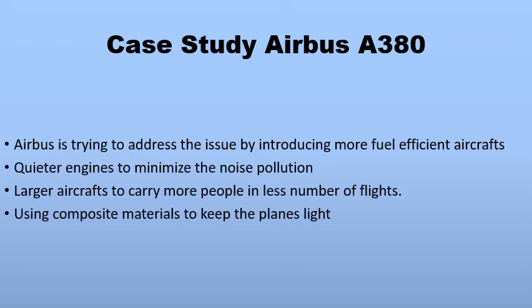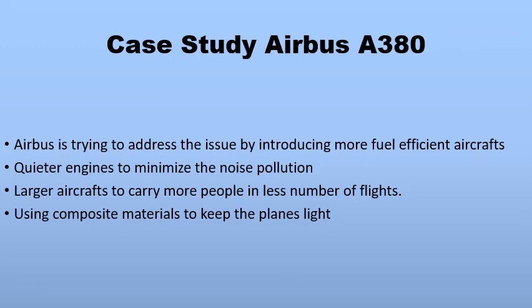So when we compare the engines of today and the past, the output is very different. Airbus is introducing engines that burn less fuel and give more efficiency. They are also bringing in quieter engines to minimize noise pollution, because noise is also a type of pollution.